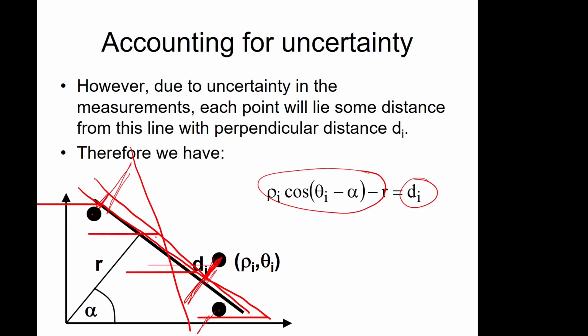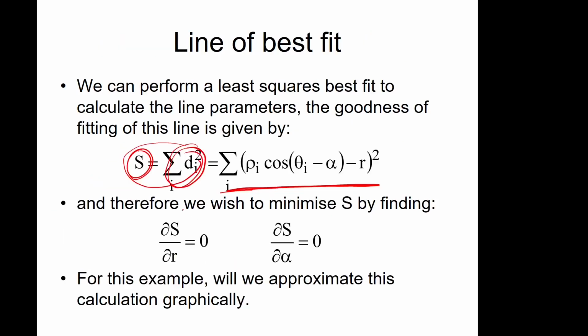So if we define a line that minimizes all these distances, then what we're saying is our function s, or ds by dr and ds by d alpha, has to equal 0. So that is the minimum point at which our values of d are closest to the line.